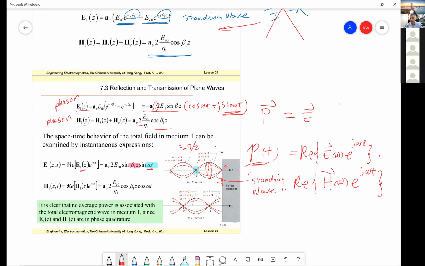Similarly for the magnetic field, the behavior is the same, but not at the same location and not the same value as the electrical field. For the tangential magnetic field, when the electrical field equals zero, the magnetic field reaches its maximum, because when z equals zero, cosine beta z equals the maximum value 1, right?